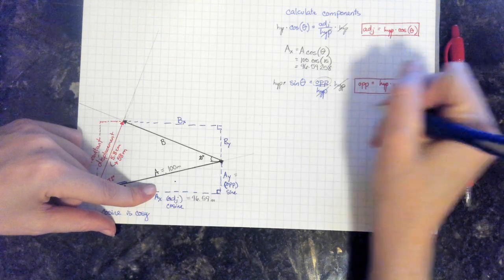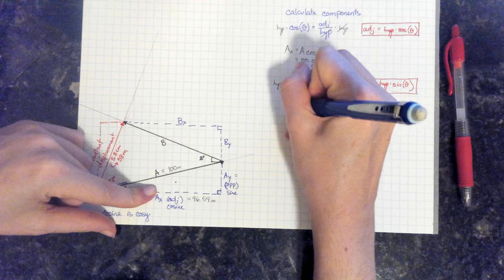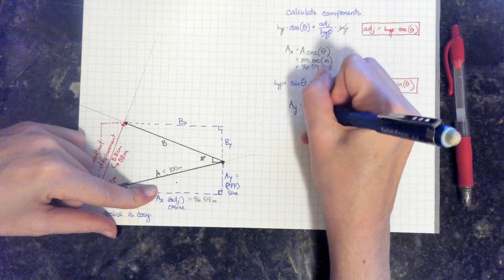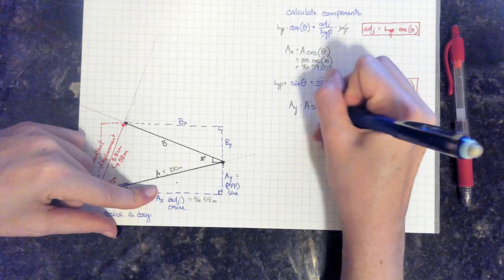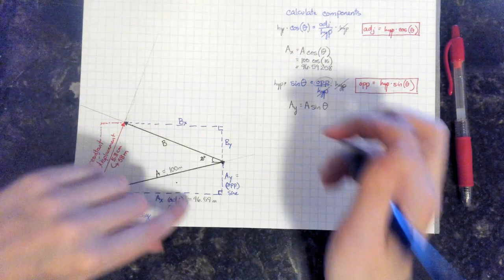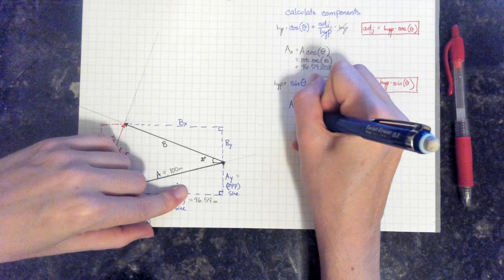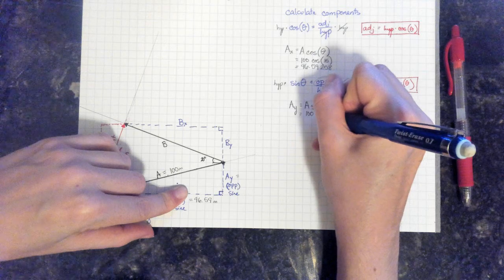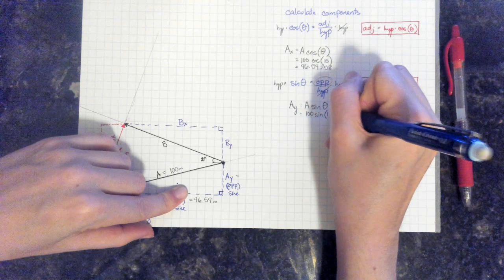So let's see how that calculates. So AY equals A sine theta. Again, these are going to be very similar in appearance and how you press the buttons on your calculator. This is going to be 100 sine 15.